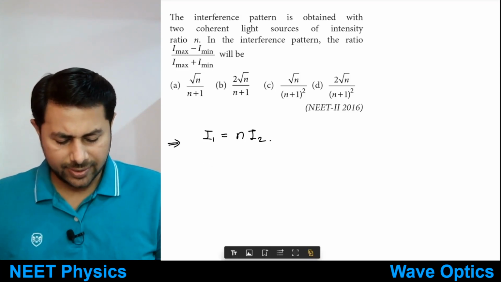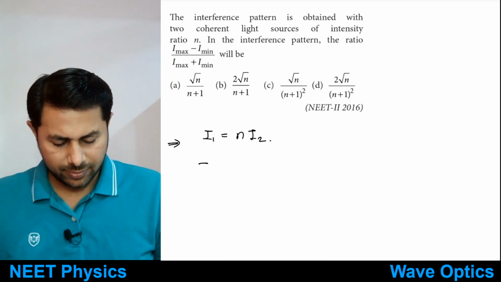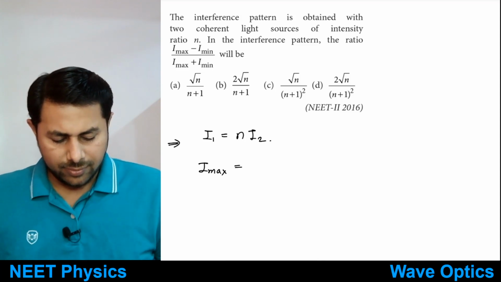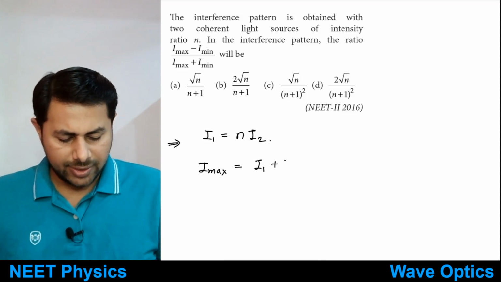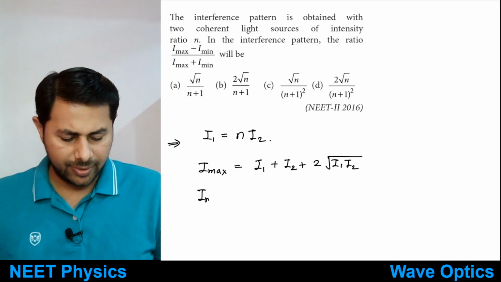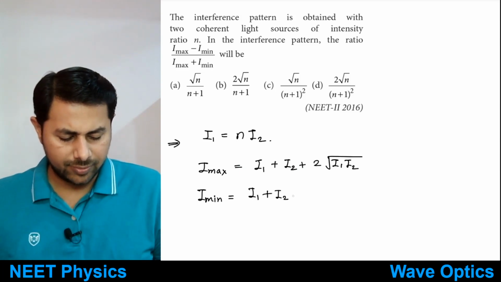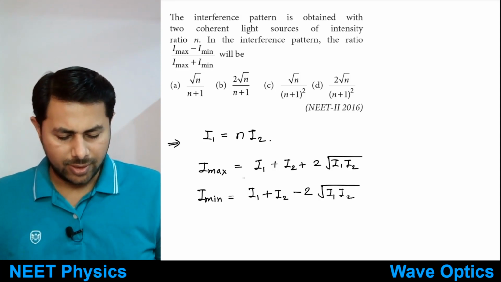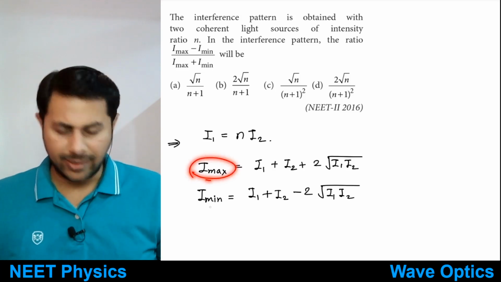So then just use the formula. What is Imax? I1 plus I2 plus 2 times root of I1 I2. What is Imin? I1 plus I2 minus 2 times square root of I1 I2. Okay, what would be Imax minus Imin?